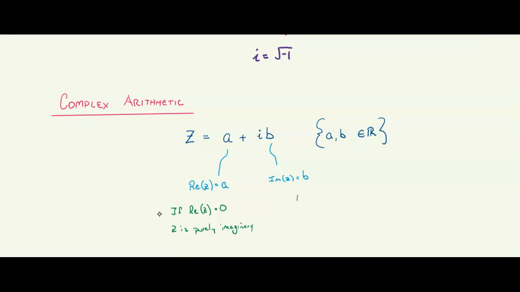And similarly, if my imaginary part of z is equal to 0, then we say that z is purely real. So in this way, we can see that every real number can be written in this format. It just has b equal to 0, so there's no imaginary bit to it. You just have z equals a. So a complex number, z equals a plus ib, that's just our format. That's just how it looks.